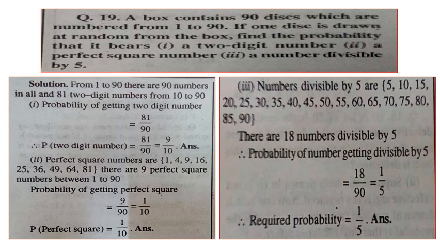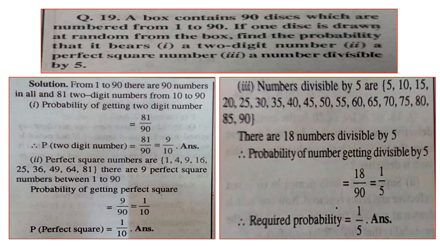From 1 to 90, the perfect square numbers are 1, 4, 9, 16, 25, 36, 49, 64 and 81. There are 9 perfect square numbers between 1 and 90. Now the probability of getting a perfect square is equal to 9 by 90, that is equal to 1 by 10.